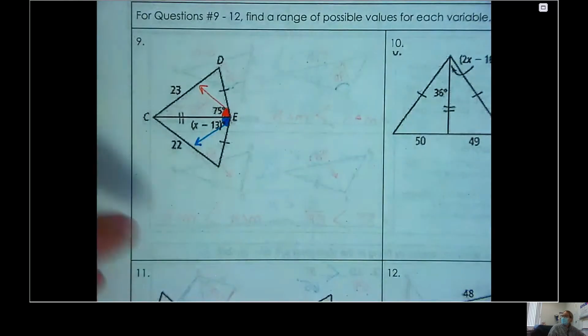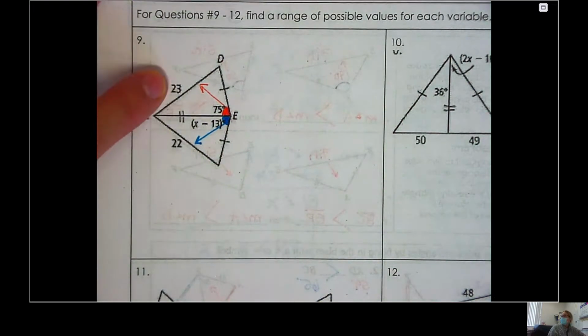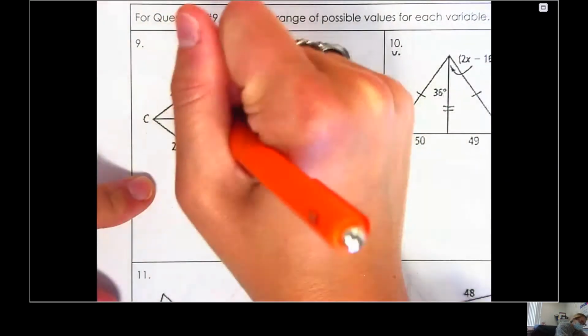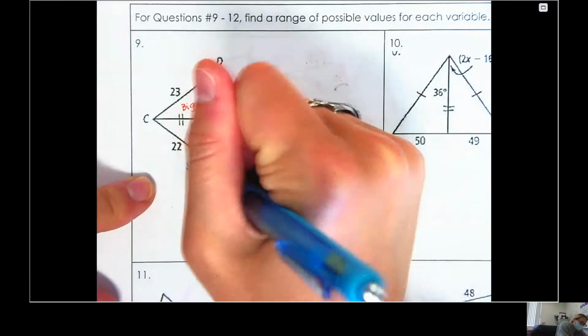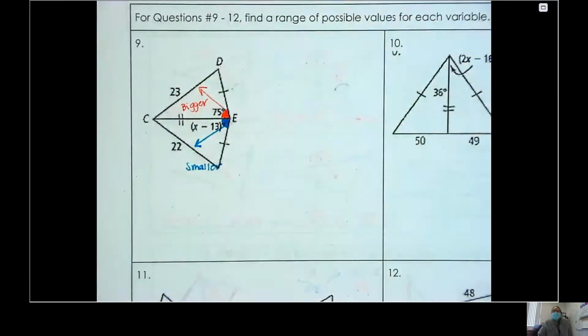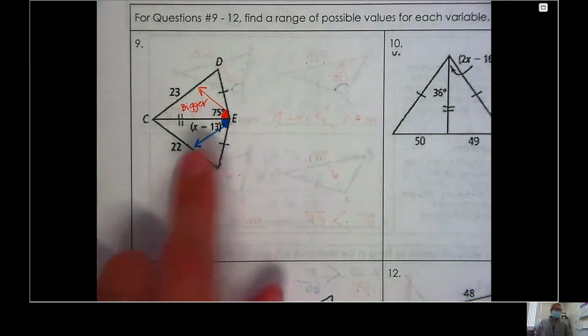So if you're looking at these triangles, which one is bigger? The one on top or the one on the bottom? The one on top, because 23 is bigger than 22. So this is my bigger triangle. This is my smaller triangle.